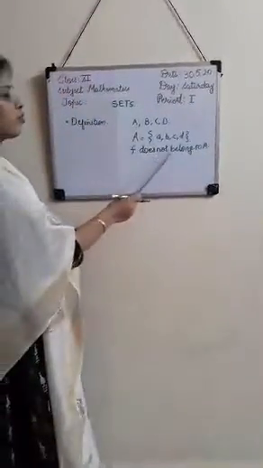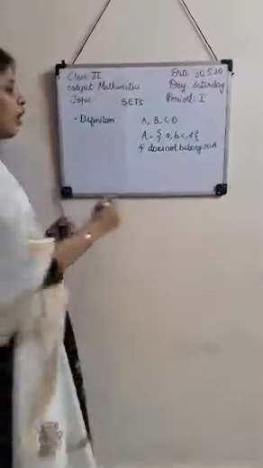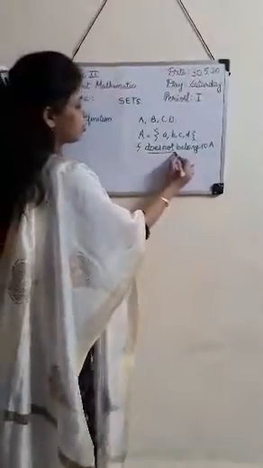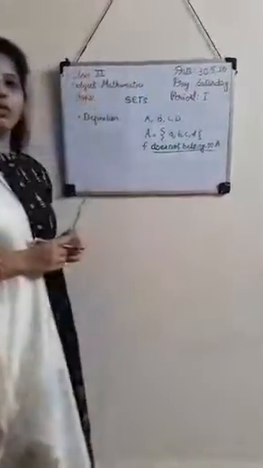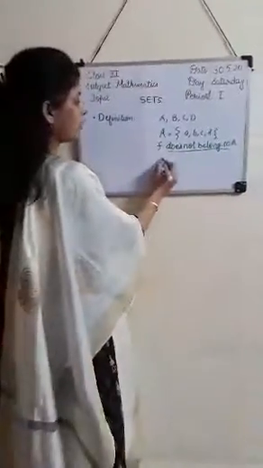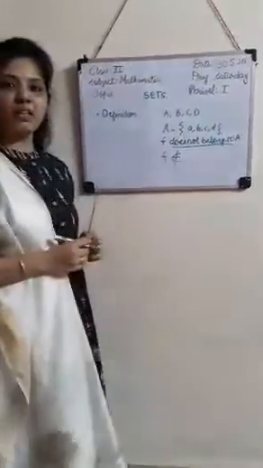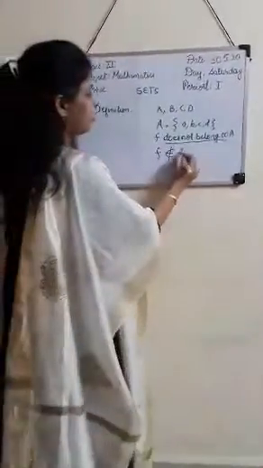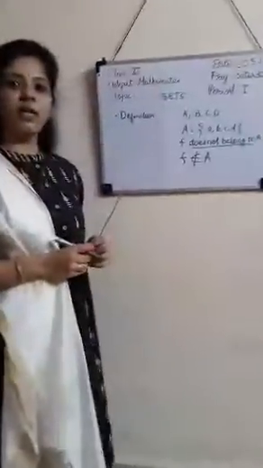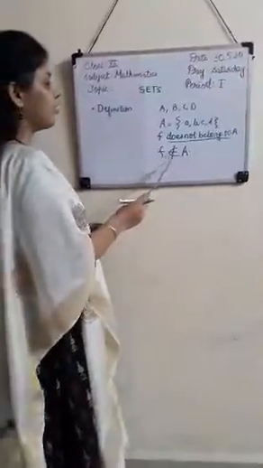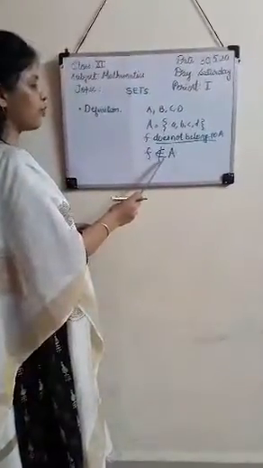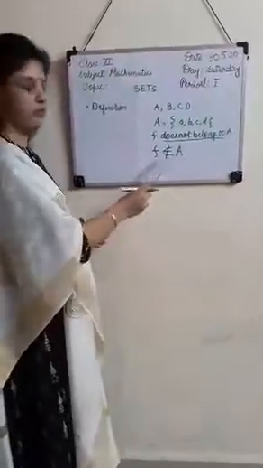Small f does not belong to A. The words does not belong to are denoted by a cut epsilon. So we write f, cut epsilon, capital A, and we read it as f does not belong to set A.